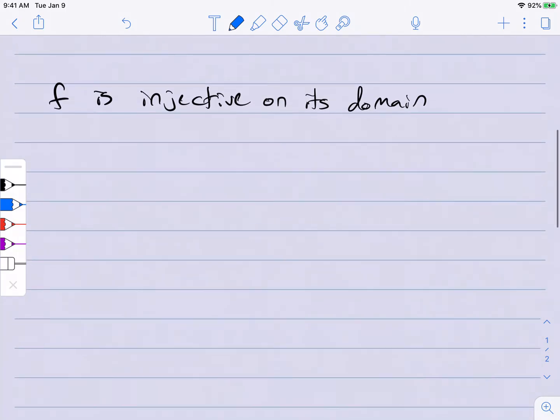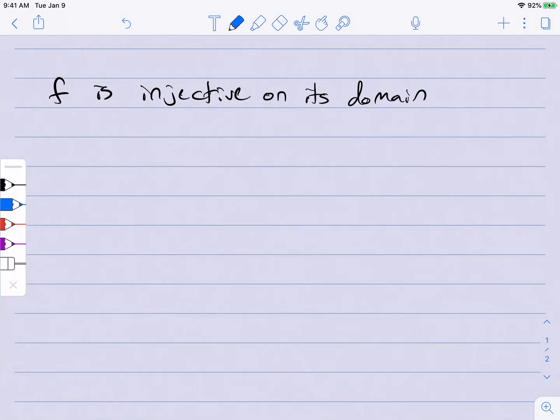And then I want to claim also that it's injective on its domain. So maybe I'll make this a claim. And let's prove it.